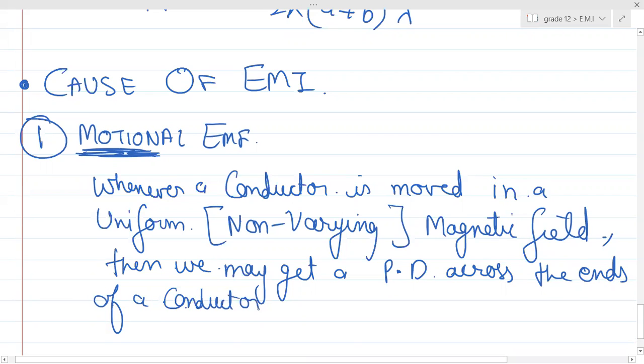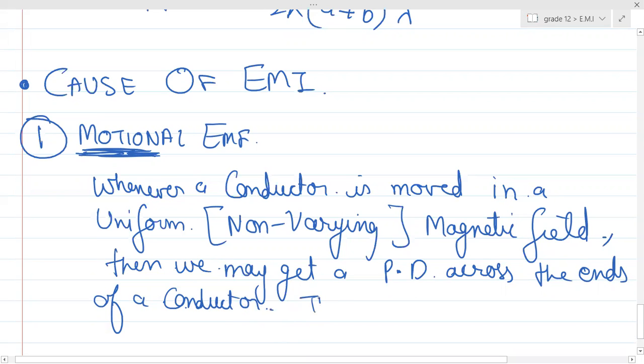Why is there this potential difference across the conductor? We'll look at it. Don't worry. We'll see exactly what is there, and what will be the formulas and all. There is a derivation of that. So what will happen? Potential difference across the ends of a conductor.